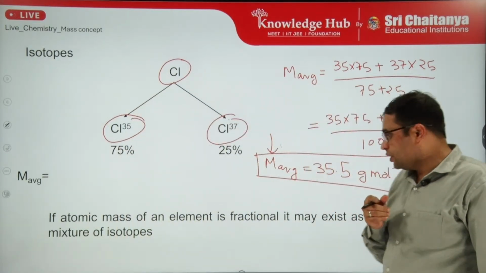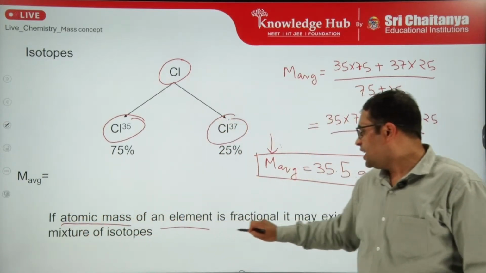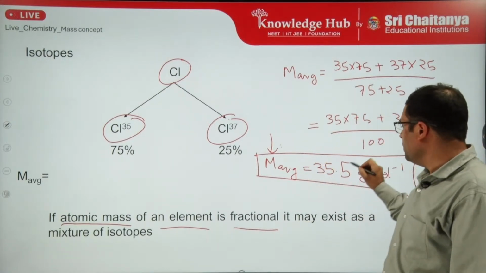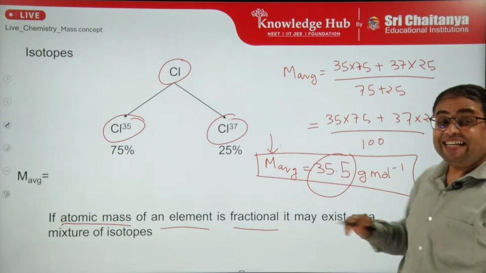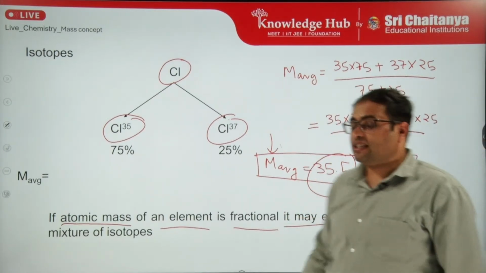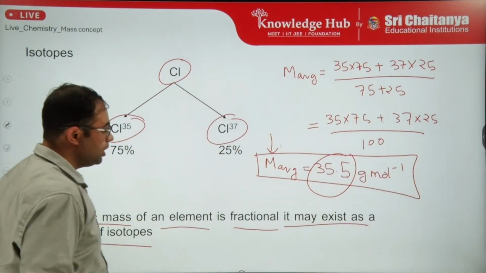What is that important conclusion? That is, if the atomic mass of an element is fractional, fractional means if it is in a decimal, right? If you are getting a decimal, then it may exist as a mixture of isotopes, right?